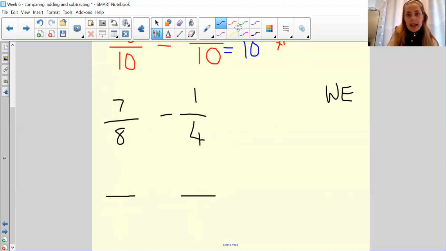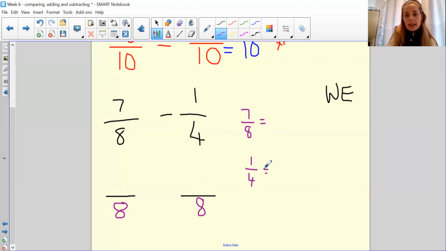Hopefully you have said 8. Let's make a different color though. Right. So I've said 4 can go into 8 equally. So therefore my bottom number is going to be 8. Now I'm going to split up these fractions on the side if it's going to help you. Okay.